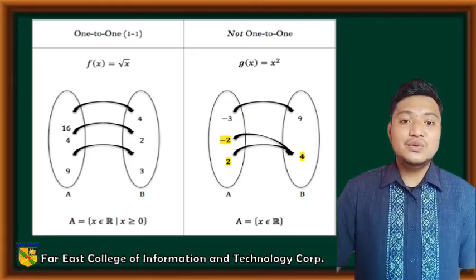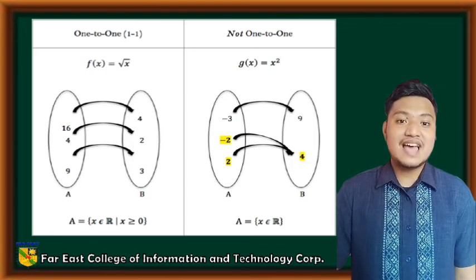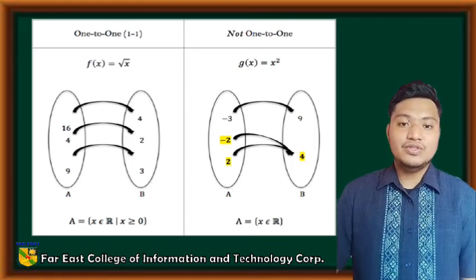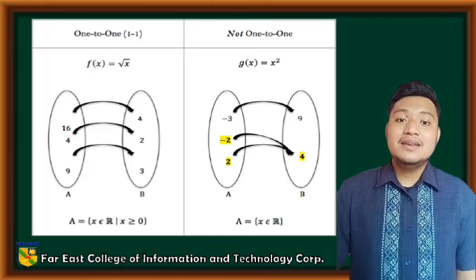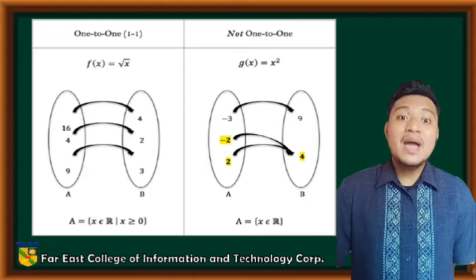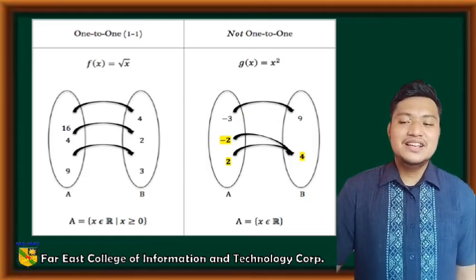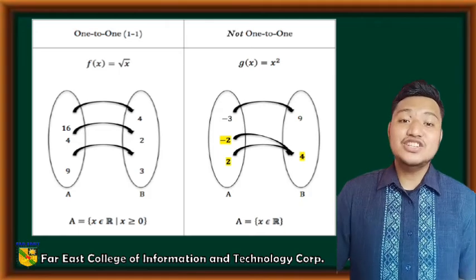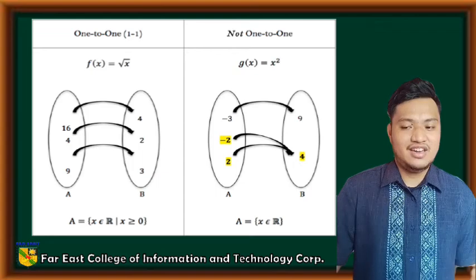There are two diagrams here. The first diagram shows a one-to-one function. This diagram is called a mapping diagram. Here we have a function f of x is equal to the square root of x.